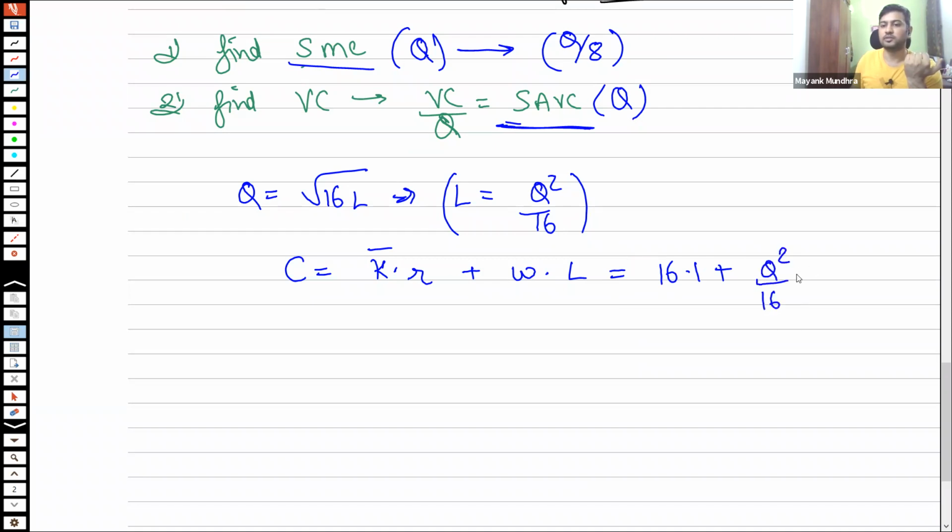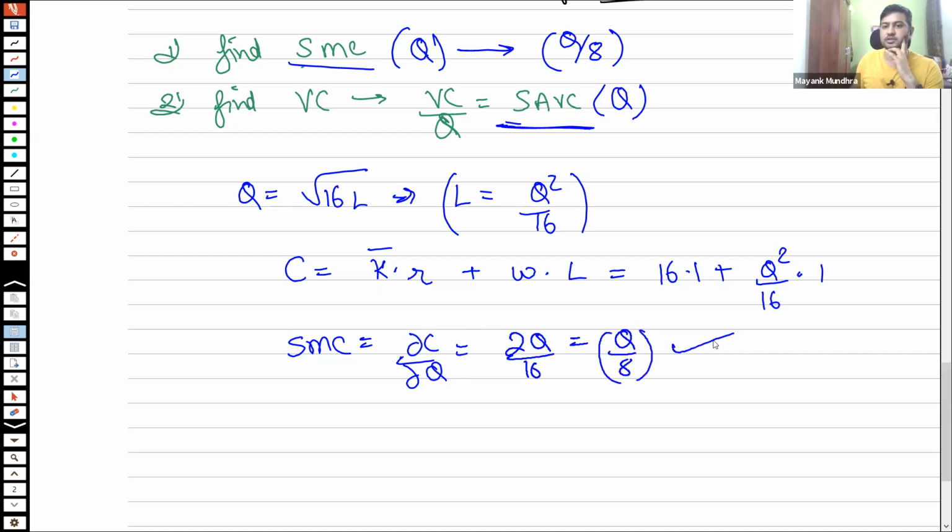That's the labor value into wage rate is 1. So this is the cost function. So short run marginal cost is del C by del Q, which is 2Q by 16. So that is Q by 8. So yes, it is Q by 8.